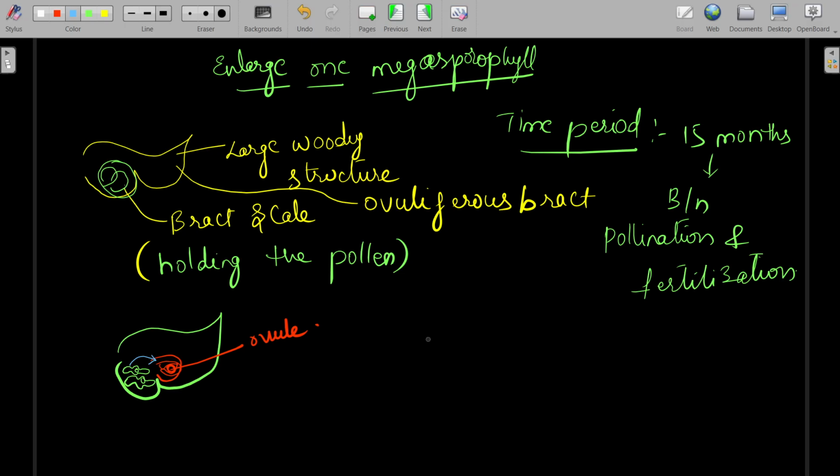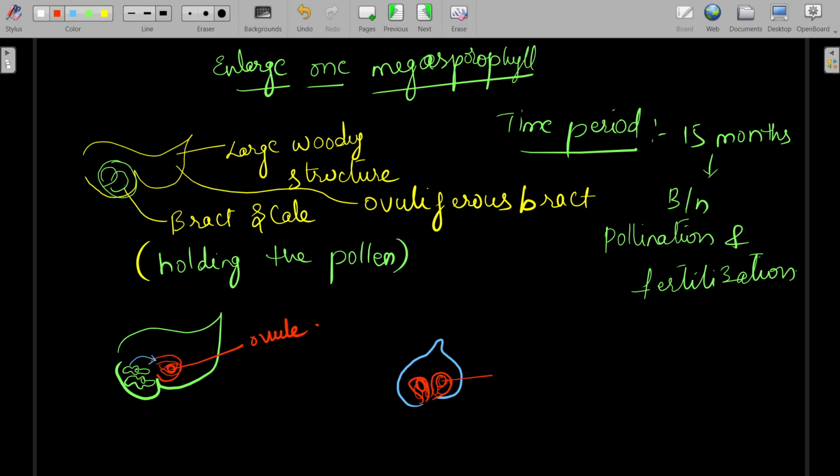Let's enlarge one of the megasporophylls. You can see the ovules here. Each megasporophyll has one or two or many ovules. These are the integuments, and you can see the ovule. In gymnosperms, you can see unitegmic ovules. In angiosperms, you can have bitegmic ovules.